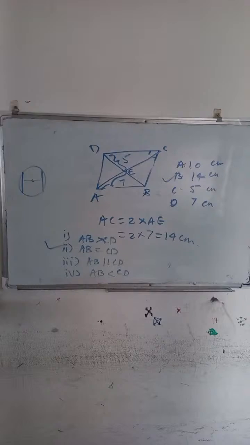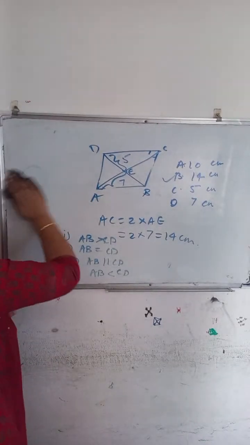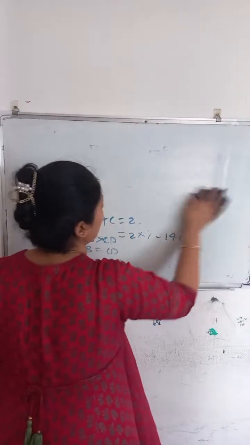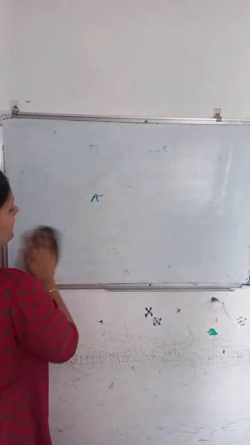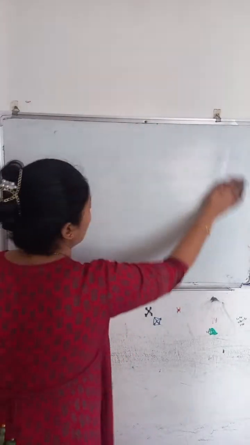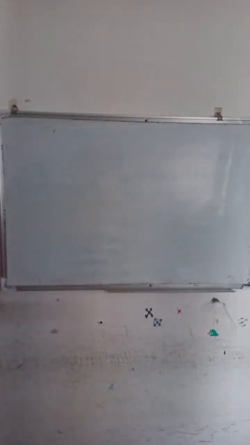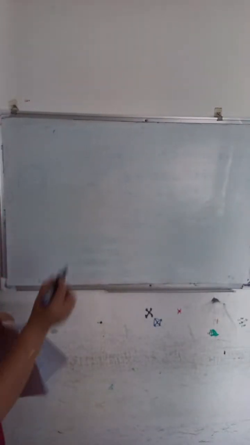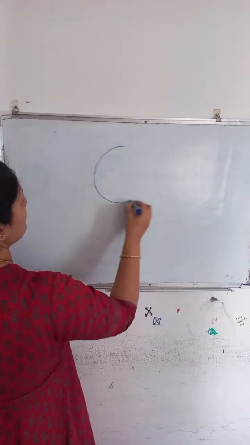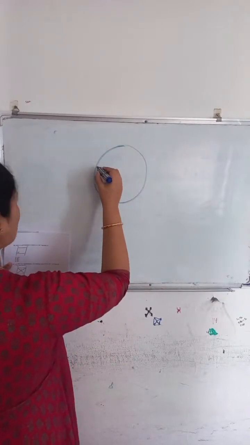ABCD is a cyclic quadrilateral in which angle A is 120 degrees. Then find the angle C. Okay, this is the circle given.